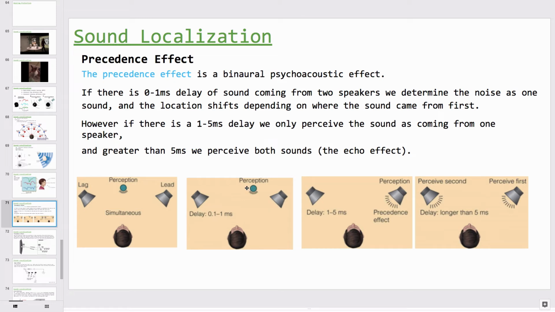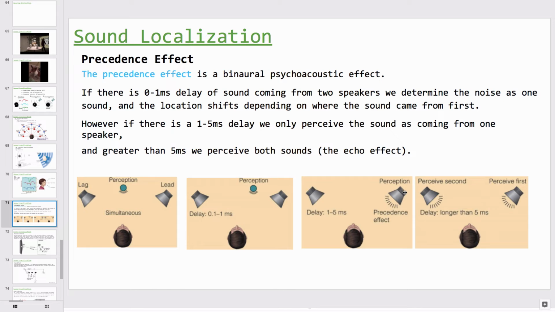All right. Now, if there's a delay between 1 to 5 milliseconds, and this here's the precedence effect, we only perceive the sound as coming from one source, one speaker. All right. So if the delay is between 1 and 5 milliseconds, we're going to hear the sound as one sound, except only coming from one source.